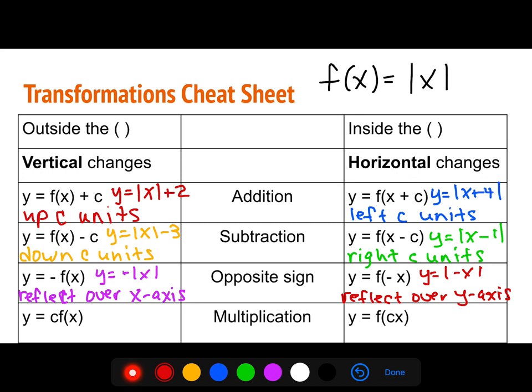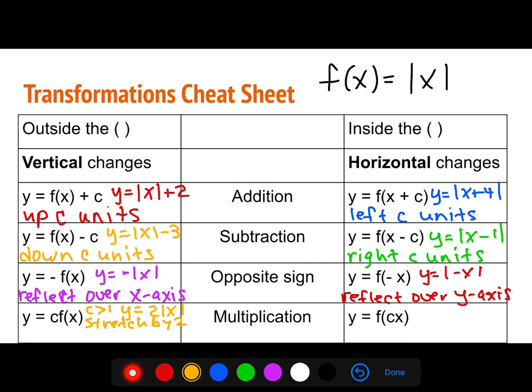Now we have some stretching it might do. If the number in front of it is greater than 1, so it'd be like y equals 2 times the absolute value, that's going to be a stretch by 2.